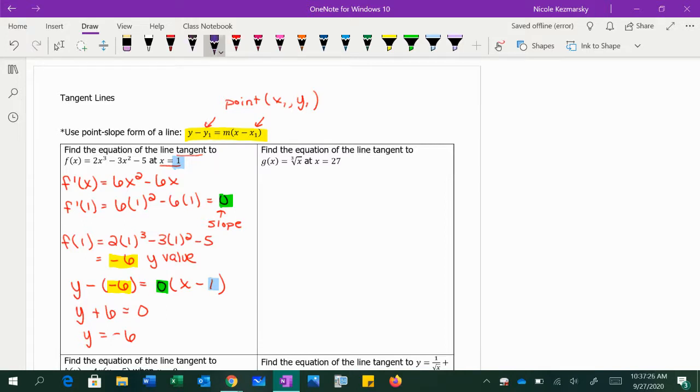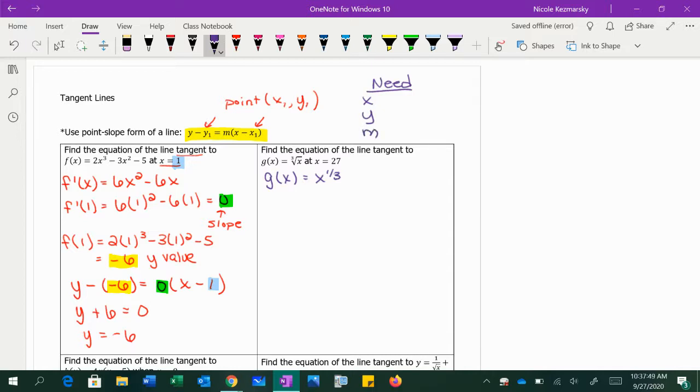Okay, let's try this with another example. So I see g of x. I'm going to go ahead and rewrite it as x to the 1/3. And I know I need 3 things. I'm going to kind of make this a list. I need an x, a y, and a slope.